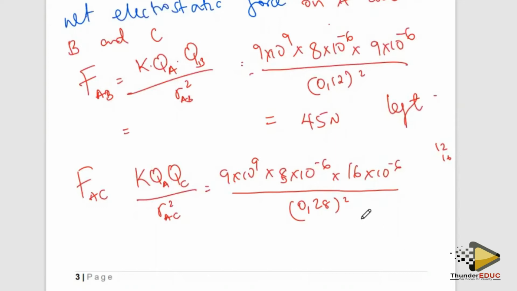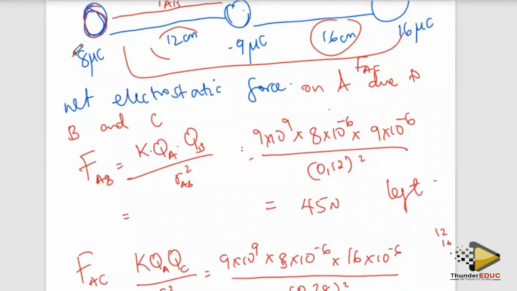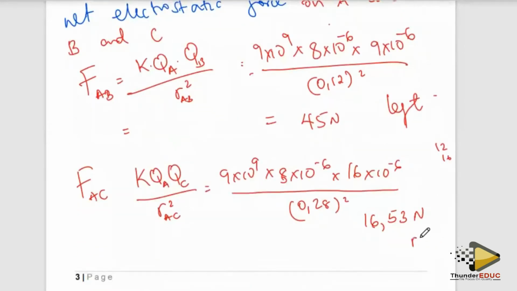I'm having 16.53 Newton. Now, since the charges are the same, this is positive and this is also positive, there's going to be repulsion. So that force is going to act to the right. Okay, so that is the right.